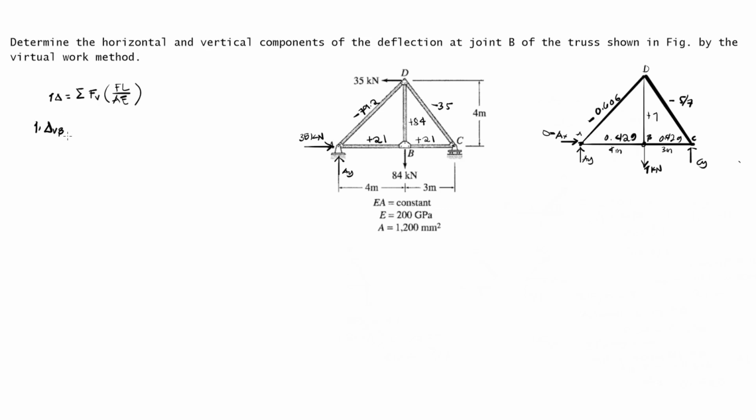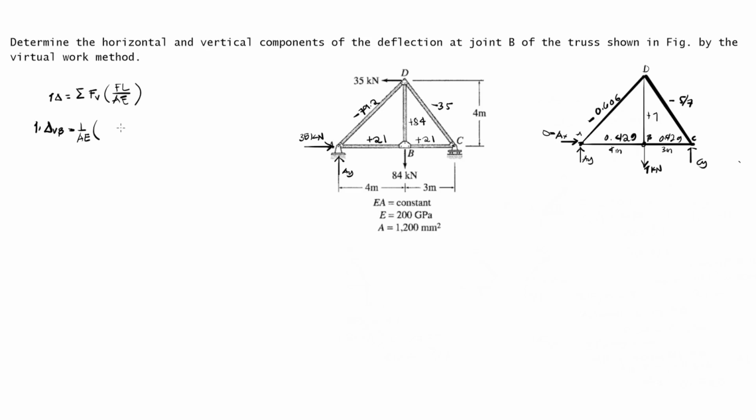Vertical B. Okay? Delta VB is equal to the summation of FV FL over AE. Okay? So, pwede nating ilabas yung AE dito. 1 all over AE.